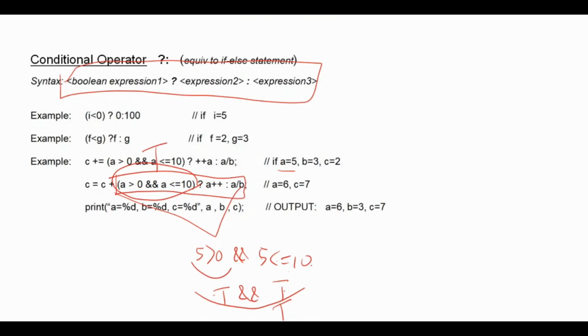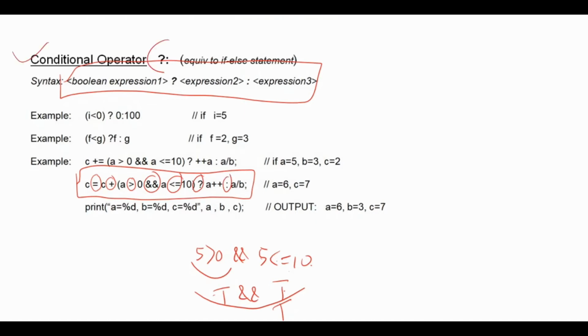So the whole condition here is true. Since that is true, this is the one which is evaluated next, and this one is ignored. So what is A++? Take note that in this statement line, there are several operators. We have assignment, addition, greater than, logical and, less than or equal, the question mark colon conditional operator, the post increment, and the division.